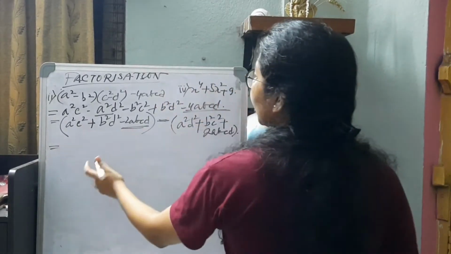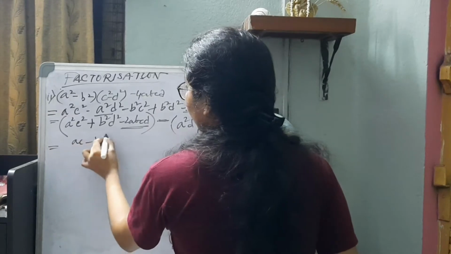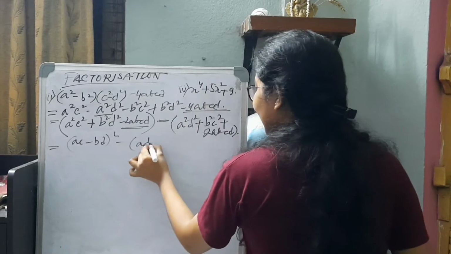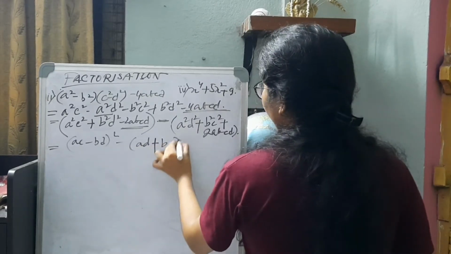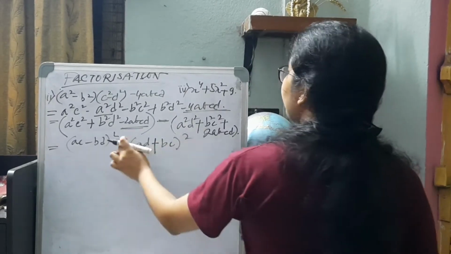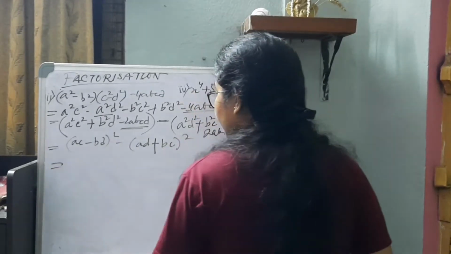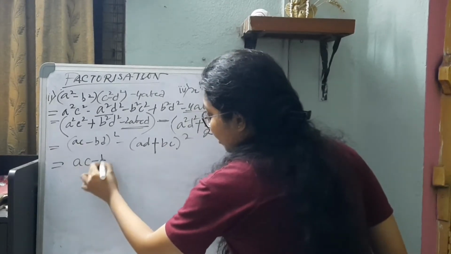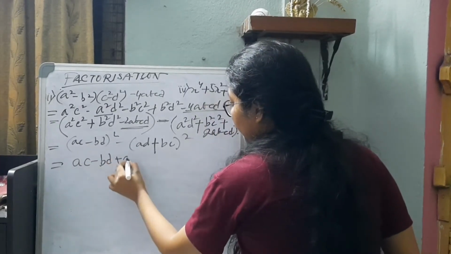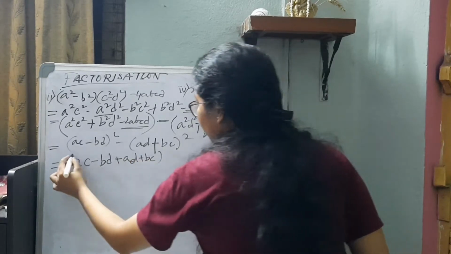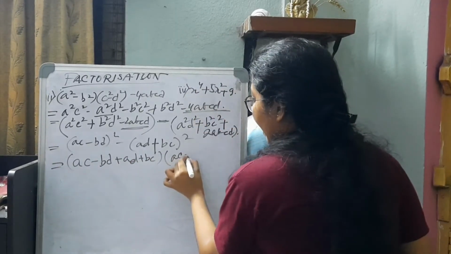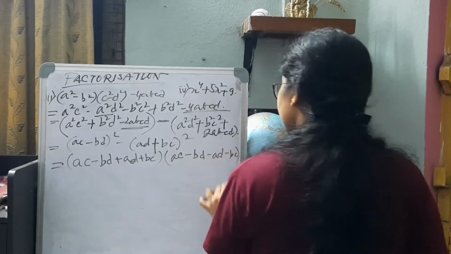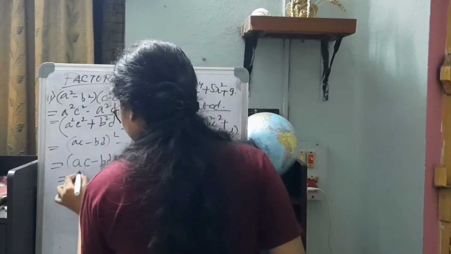This part is nothing but ac minus bd whole square and this part is ad plus bc whole square. Now you can find that this is in the form of difference of two squares. So this will be A plus B into A minus B. Can we divide it much further?